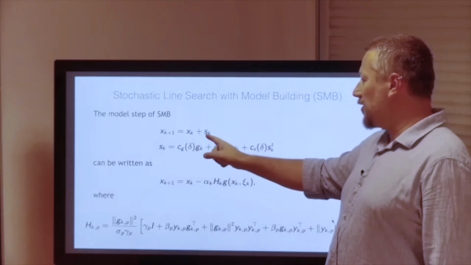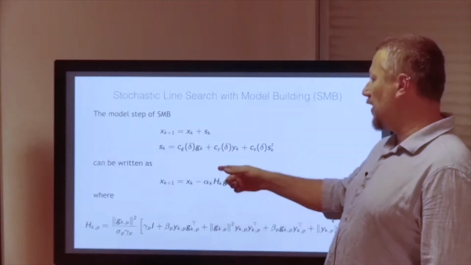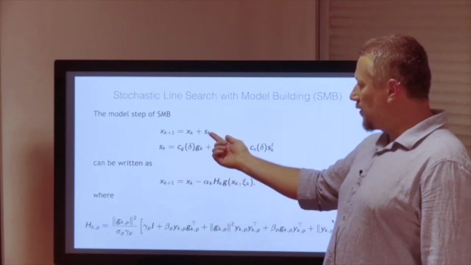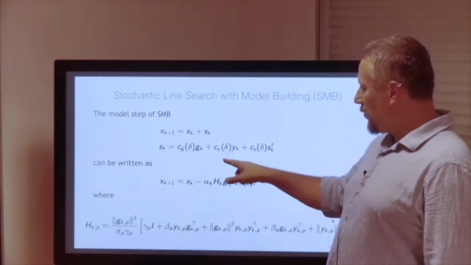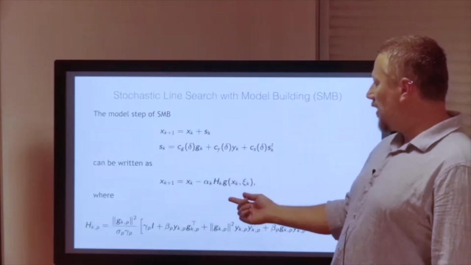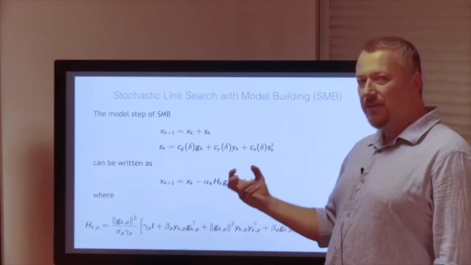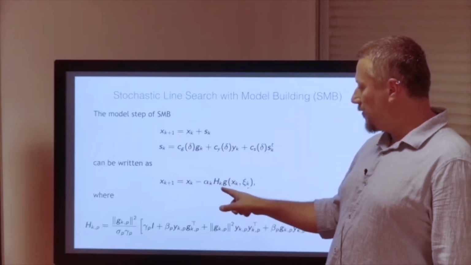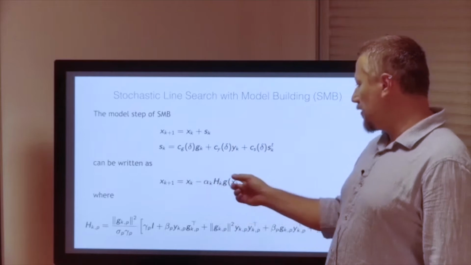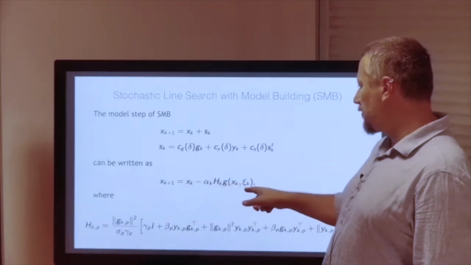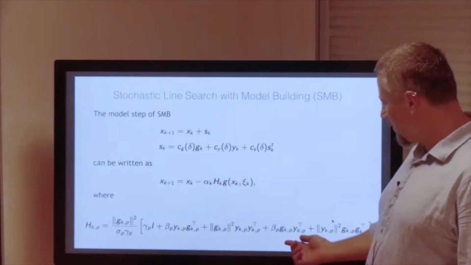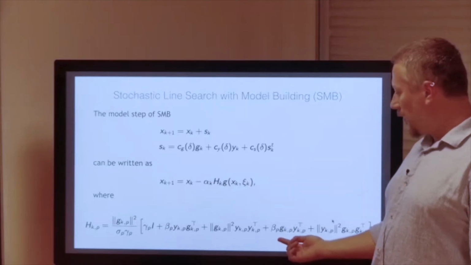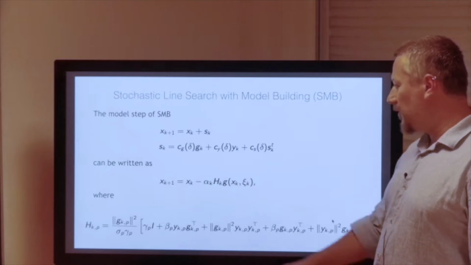Basically, again, what we do is whenever the Armijo condition is not satisfied, you build a model and find its minimum point, and then you move to that point. But this process can also be written as a kind of stochastic gradient descent, but you have a matrix here which changes the direction of the gradient step, and it can be shown that for SMB this matrix can be calculated by this formula where there are some constants.